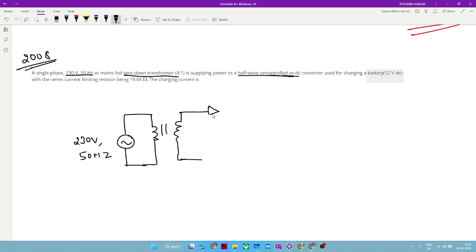Uncontrolled means diode. You can represent it with a diode. And this is our E load. Okay, and its turns ratio would be 4:1. So we just need to find out the voltage at this node. If we compute this node voltage, our work with this transformer is done.